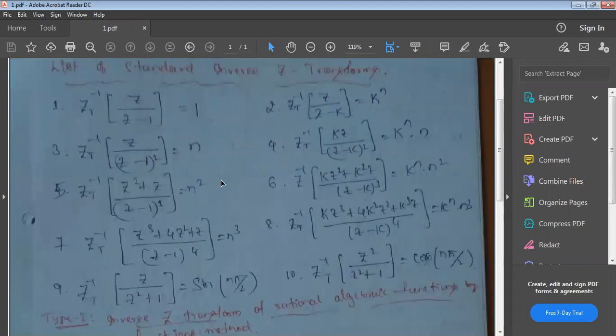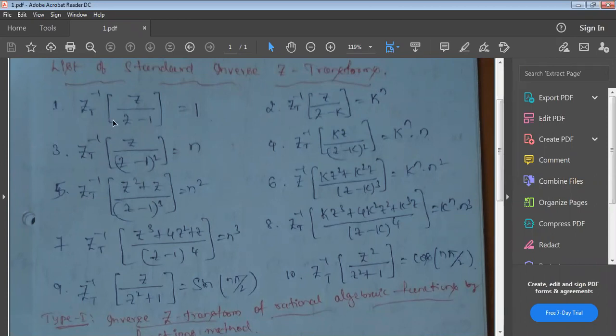So here exactly it is opposite. Whatever the Z transformation you have written for these functions, if you interchange LHS and RHS, you are going to get a list of inverse Z transformations. So one table, if you remember the formulas of Z transformation, inverse Z transformations directly you can write. Right.